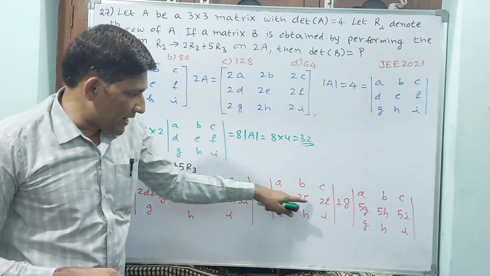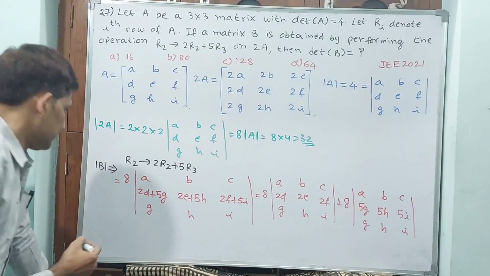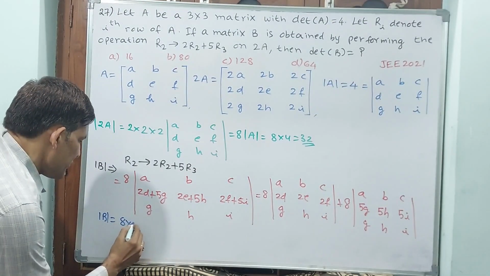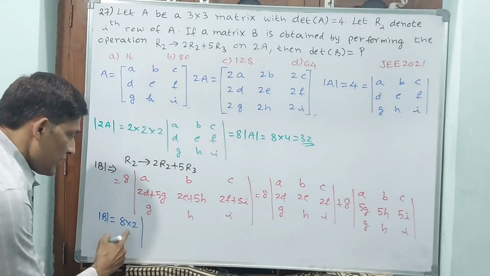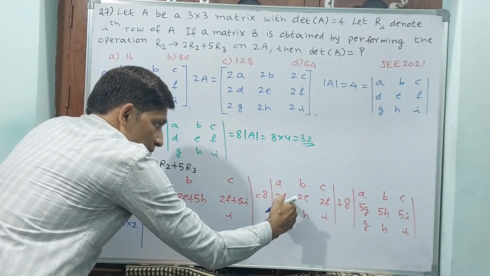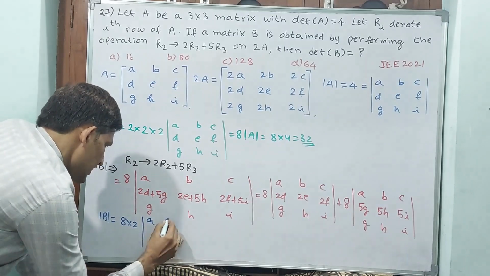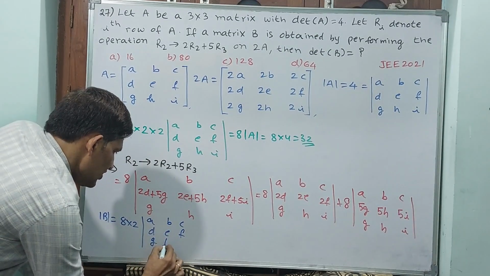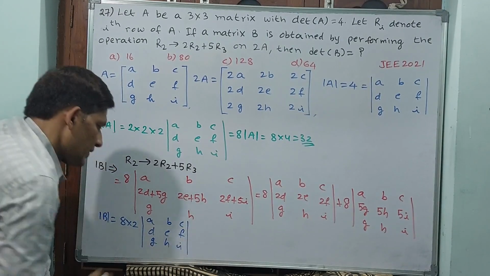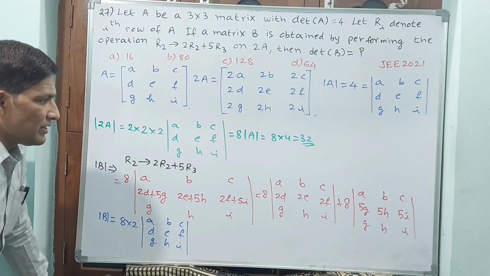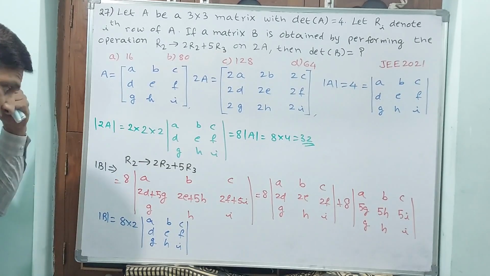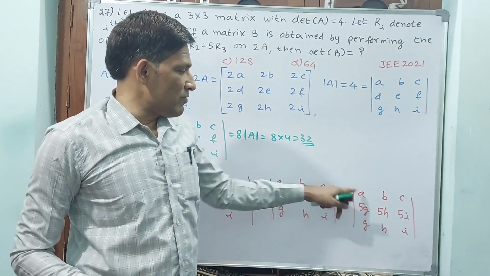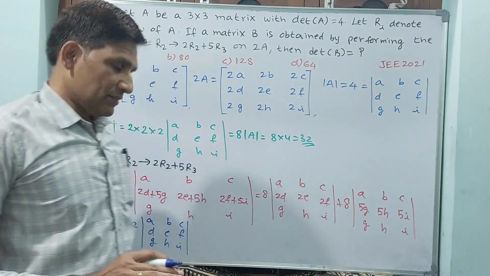From the second row, 2 I can take common. 8 into 2, 16. Determinant of B is equal to 8 into 2, 16. If I take 8 into 2, automatically the rows A, B, C, D, E, F, G, H, I will be there. Now from here, I will take 5 as common.